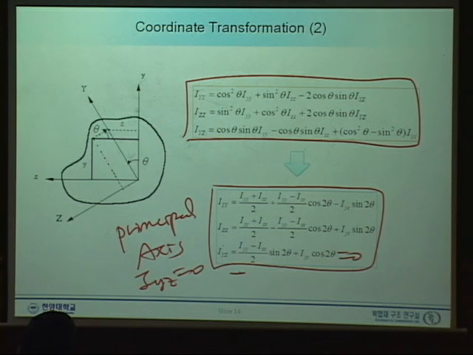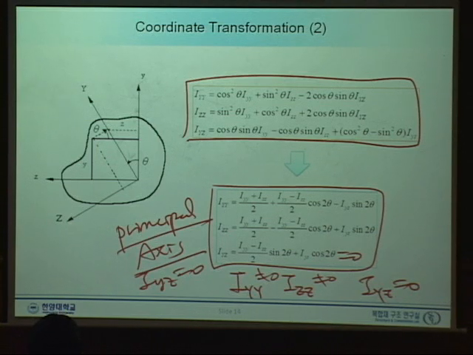Only IYY and IZZ are non-zero, and IYZ can be 0. Those Y and Z axes are called principal axes. Like shear stress, the principal axis is defined such that there is no shear stress, right?